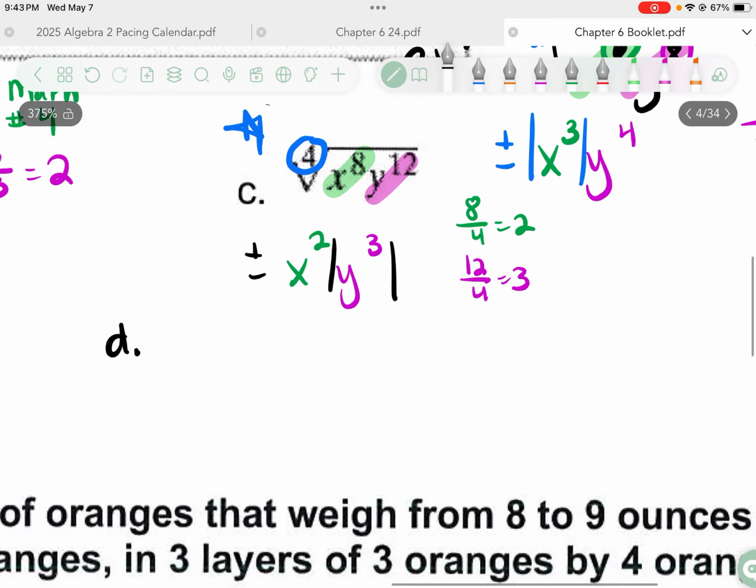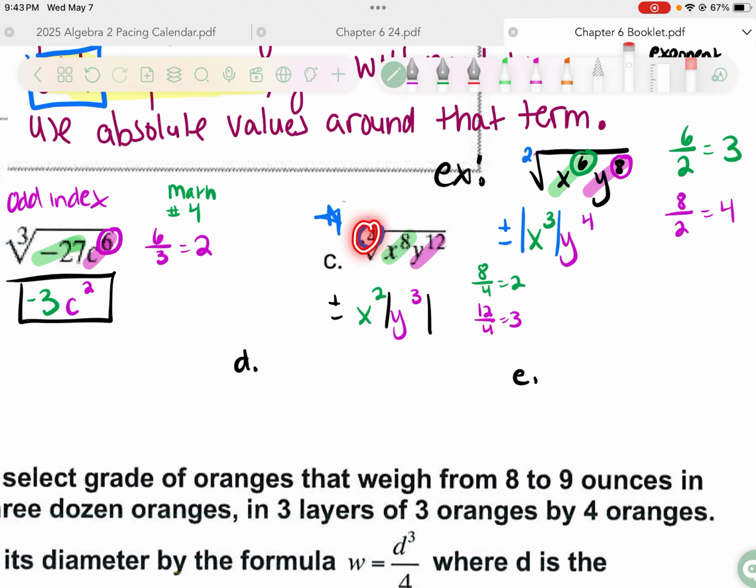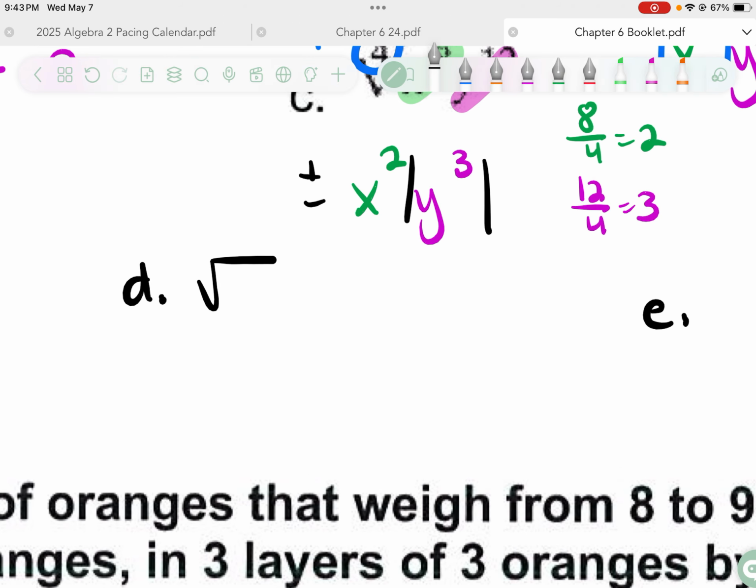Okay, let me give you 2 more examples because these notes only had problems where the index divided the exponent perfectly. So let's see some examples where that doesn't happen. So let's do the square root of x to the 10th, y to the 9th.